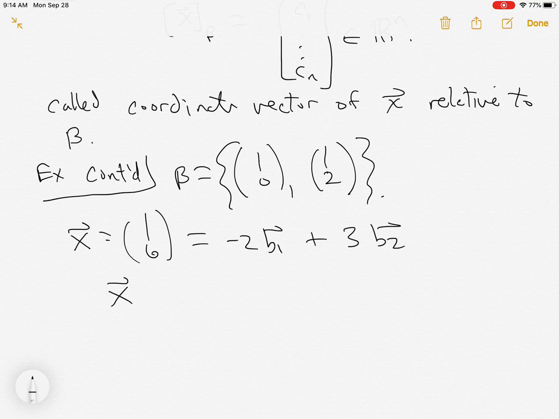So the coordinate vector relative to this basis is (-2, 3).